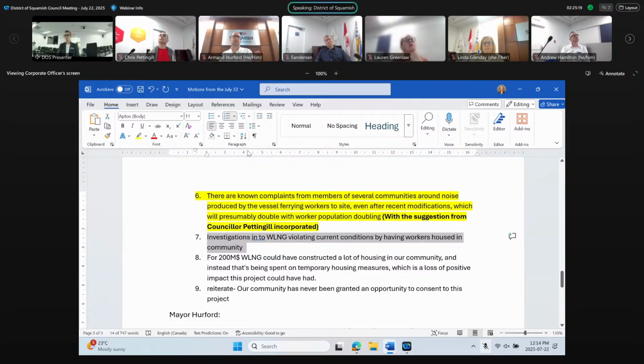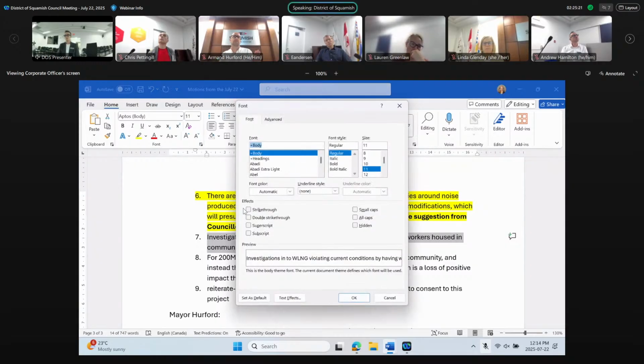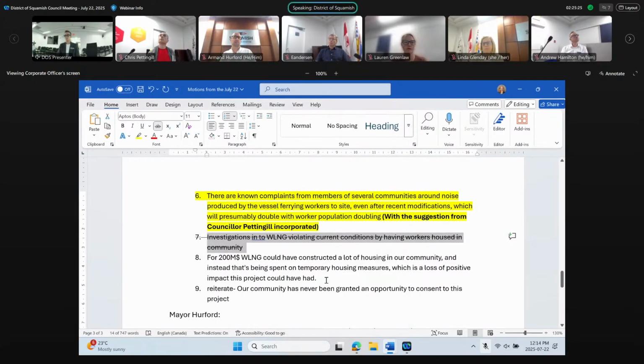I think item 8 basically is speaking to our previous ask around having some housing legacy here, and we're disappointed in not seeing that at this point. Again, we're not necessarily going to articulate it exactly as written, but this is a point that's been made before. I think it's worthwhile making again. So I'm going to say including this is okay.